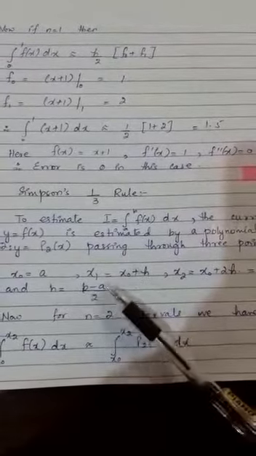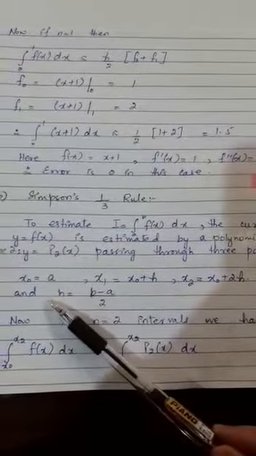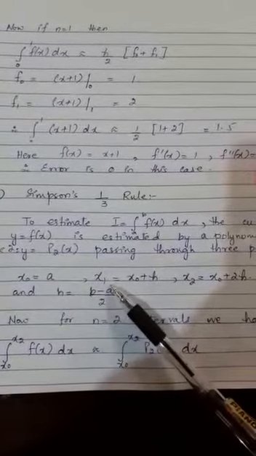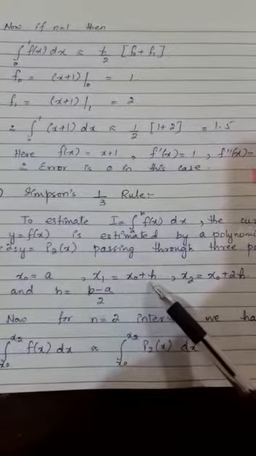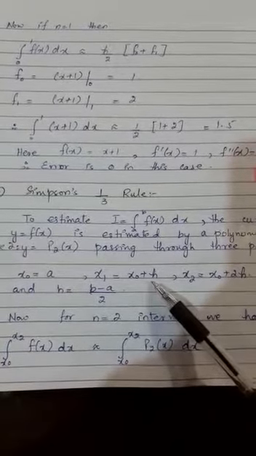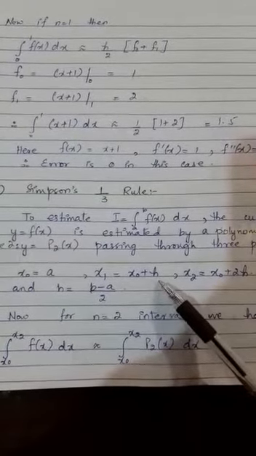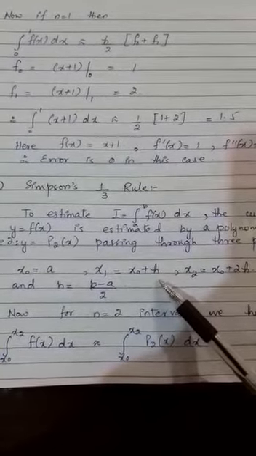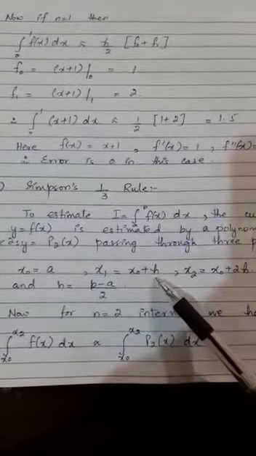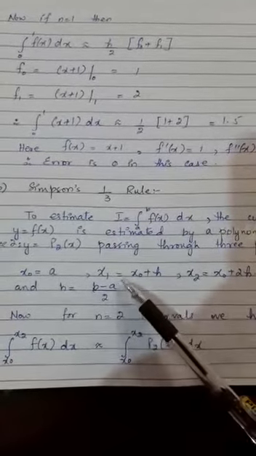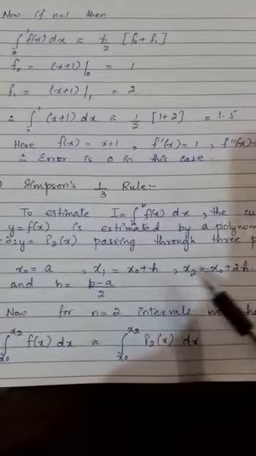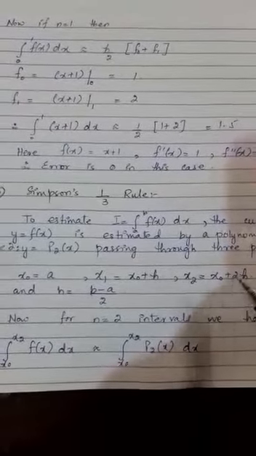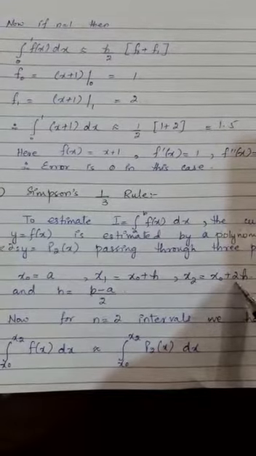So the initial point x0 is equal to a, the starting point, and then there would be an interval h, because we are going to discuss all these rules for equally spaced data. So x1 is equal to x0 plus h, and x2 is equal to x0 plus 2h, and this would be the final point.